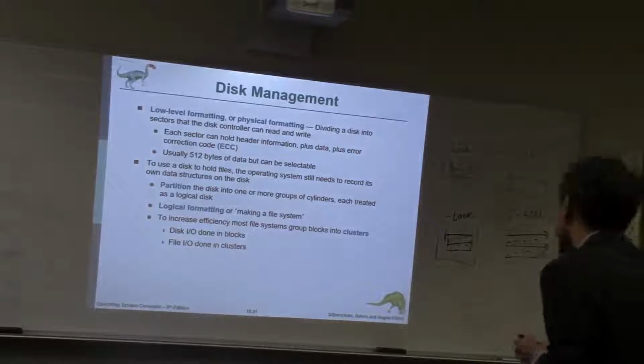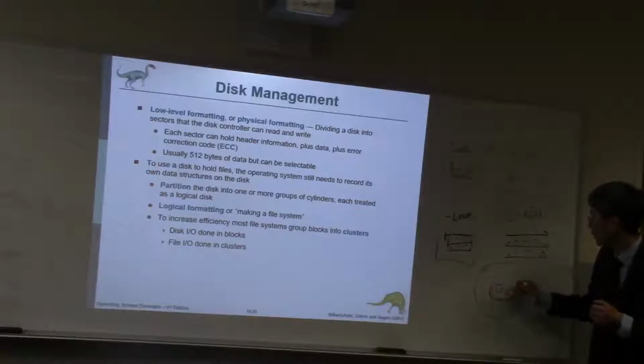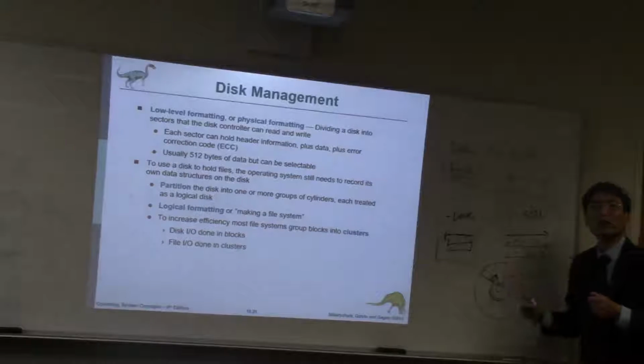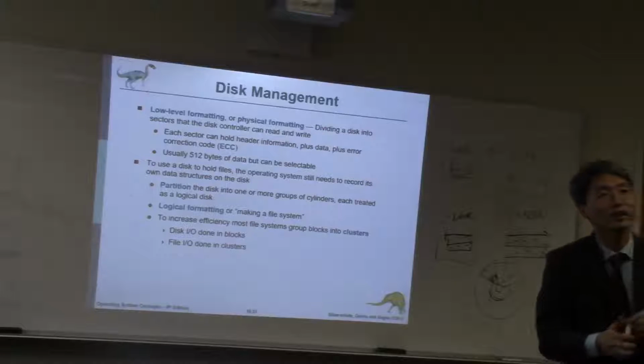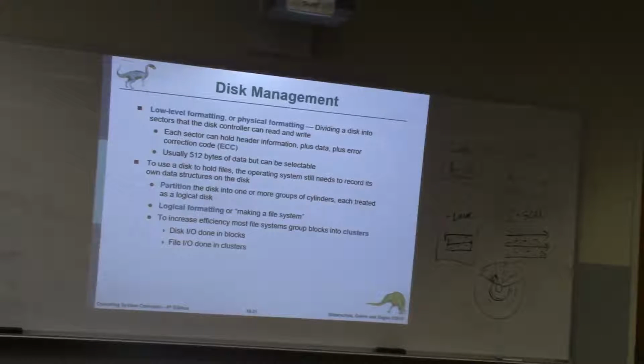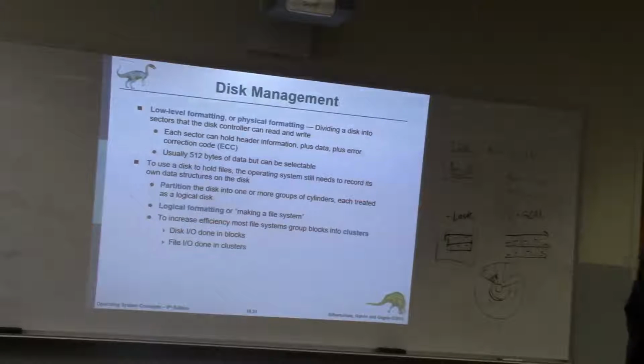In case of a hard disk drive, we have the disk, track and cylinder. Then there's a special sector like that. So each sector has mostly 512 byte size, but it can be changed depending on the manufacturer.